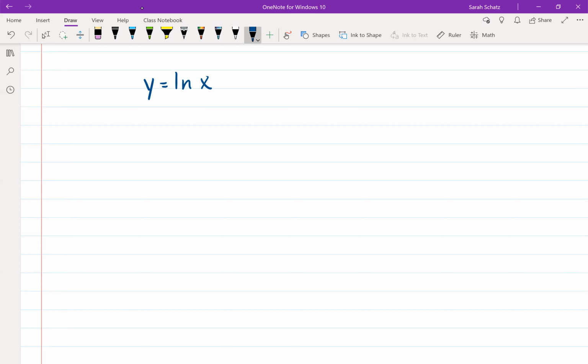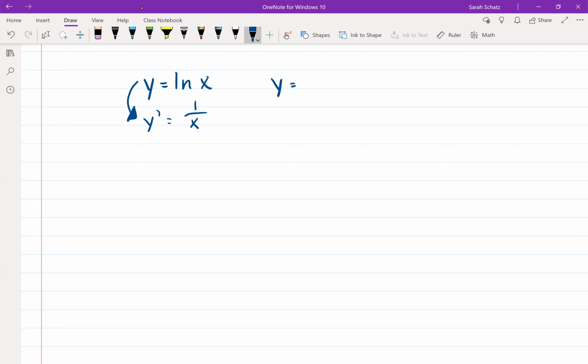So when you take the derivative of the natural log of x, there's a lot of complicated mess involved in getting from here to here, but we did not have to worry about that. We get the end result of 1 over x. So you have the natural log of x, you take the derivative, it becomes 1 over x.